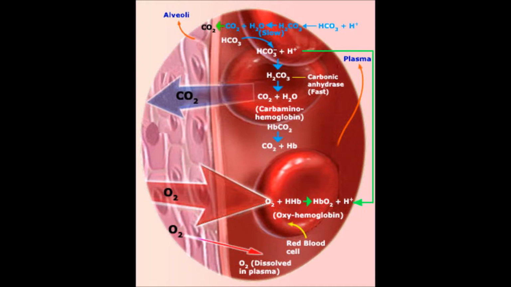But now we have to introduce another set of circumstances: how do we get oxygen to go from the blood into the tissues? At this point, we just say, well, oxygen goes in. But in order to go from the blood into the tissues, there are certain things that have to occur.